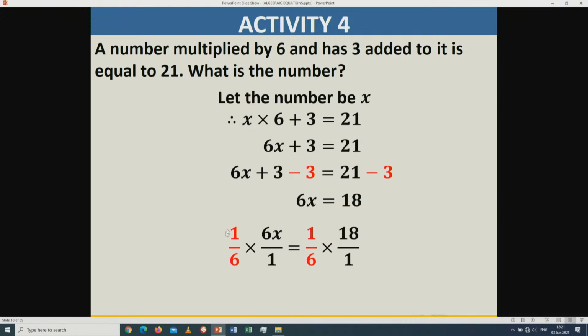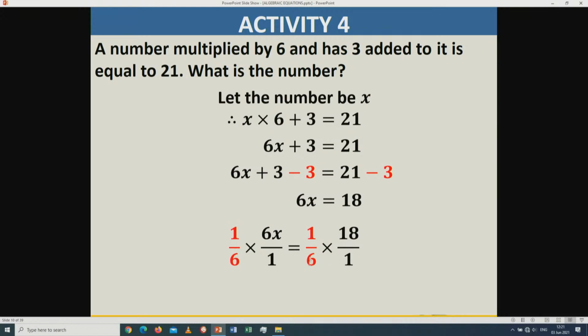Right, whatever we did on the left hand side, we must also do on the right hand side. So we have multiplied by 1/6 on the left hand side.